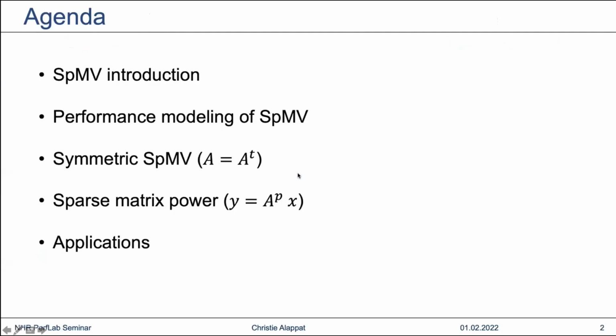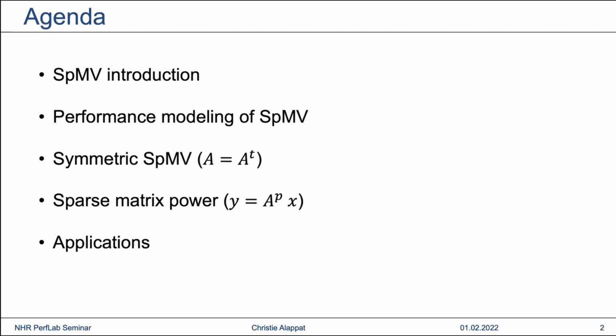So the agenda for today's talk is that I set up the stage by briefly introducing SpMV, and then we would do some basic performance modeling for SpMV, and then we will identify the main bottleneck of SpMV, from which we will derive two optimizations that we will see today, and that is symmetric sparse matrix vector and sparse matrix power kernels.